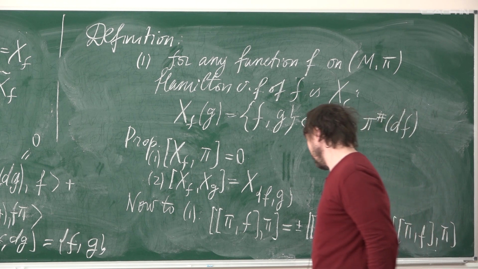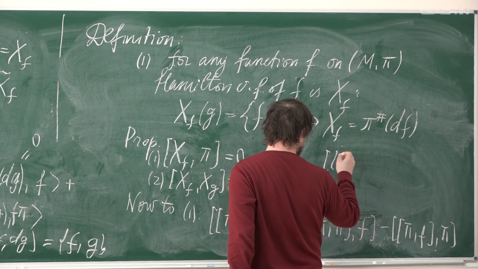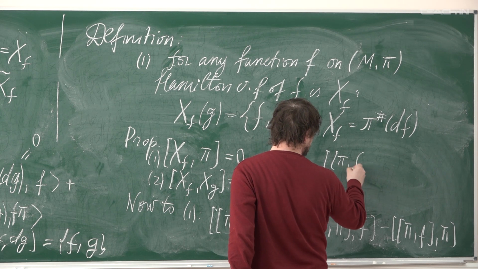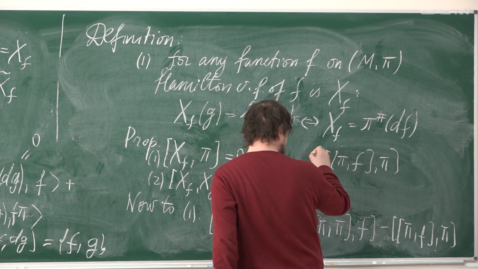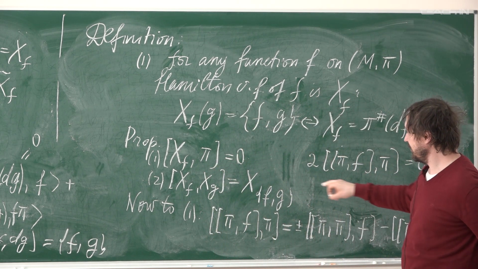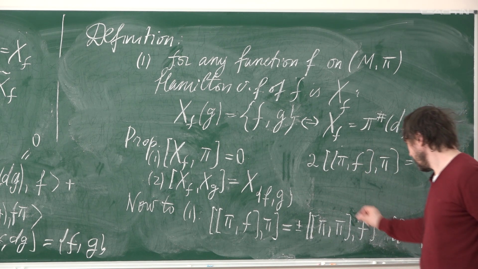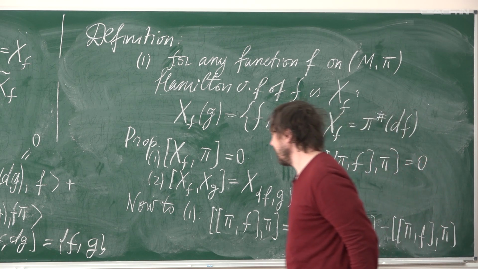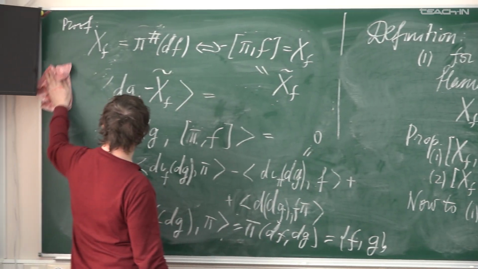So it means that [[pi, f], pi] twice is equal to 0, which is just what we want, right? So this is 0. Okay, so the first part is proved up to this sign issue.